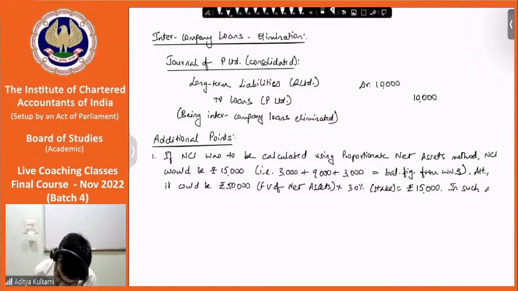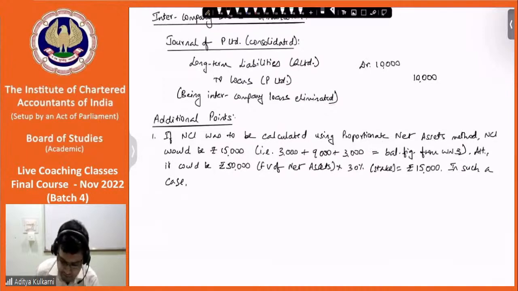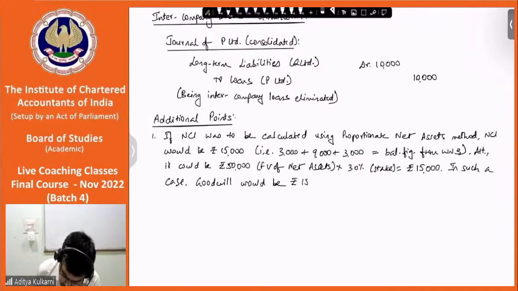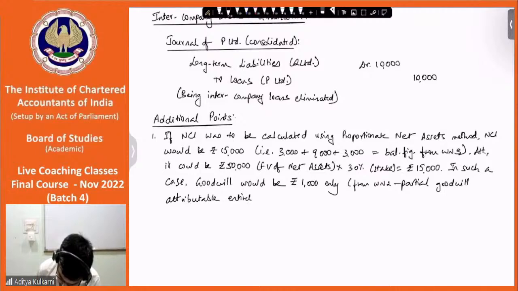In such a case, goodwill would be rupees 1,000 only from working note 2, partial goodwill attributable entirely to the parent alone.